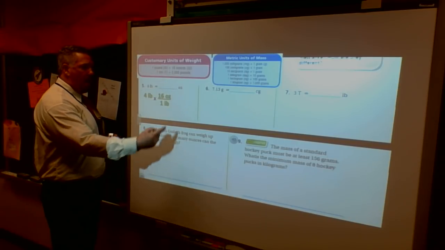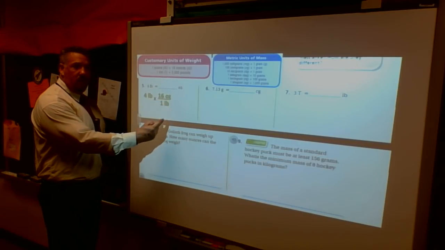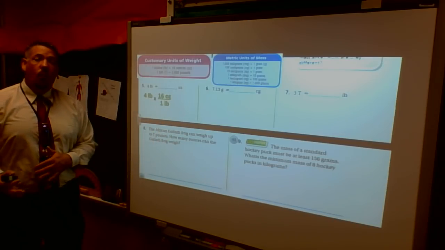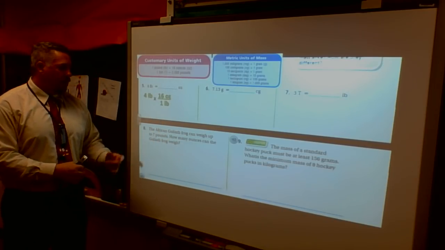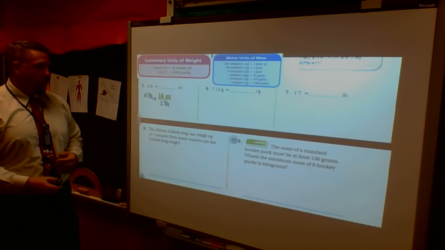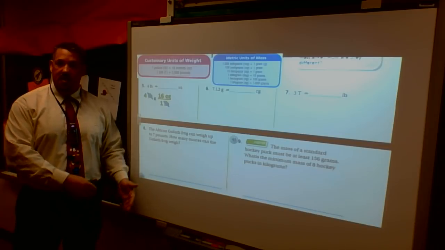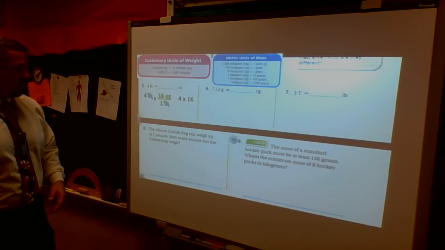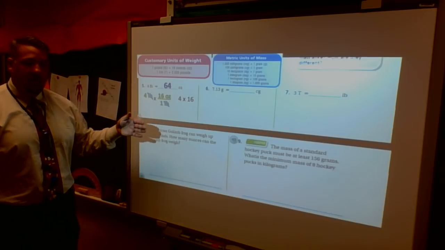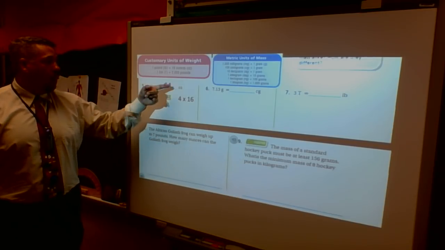I know that the pounds has to be on bottom so they can convert and cross reduce. The conversion is when I keep my what-I'm-going-to label on top, so ounces has to be on top. When I get rid of my pounds, I'm left with just multiplying 4 times 16. And 4 times 16 gives me 64. So I know that 4 pounds is the same as 64 ounces.